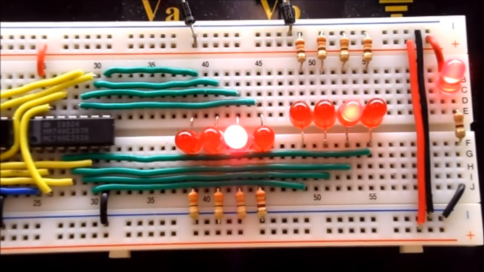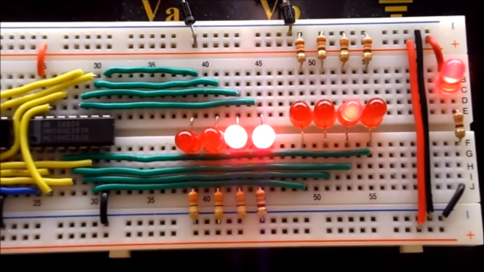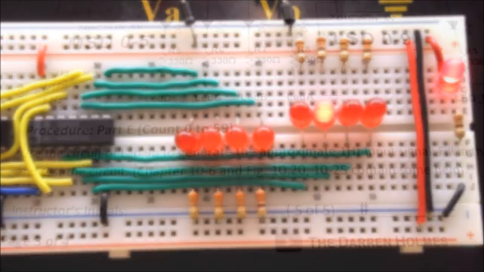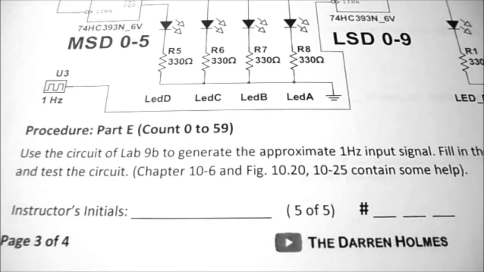Continuing the same way through 3, 0, 4, 0, and 5, 0, and then 60. 1, 2, 3, 4.